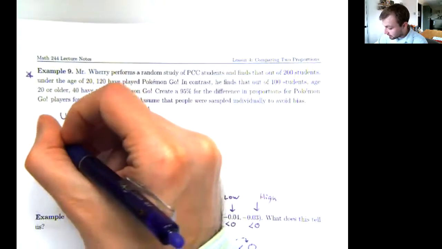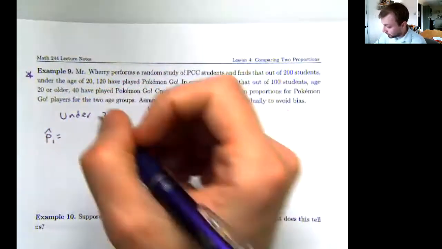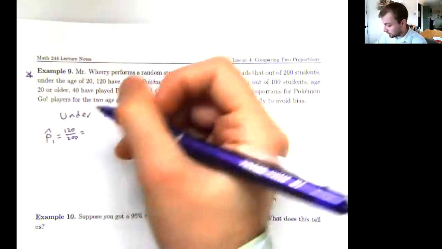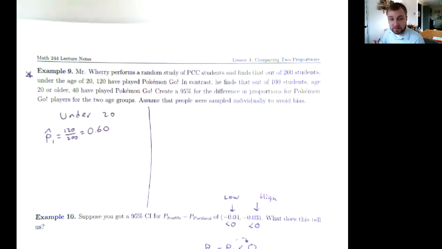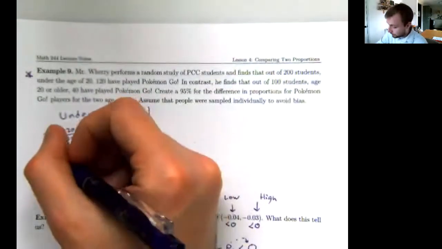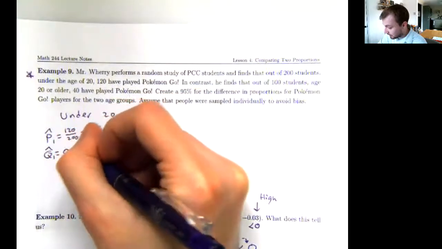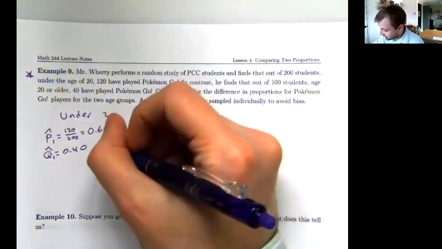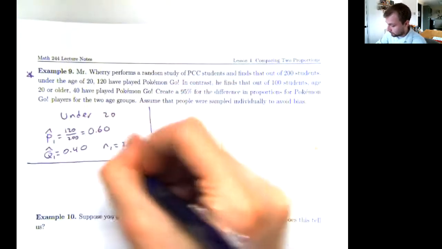So it looks like the success rate for this first group was 120 out of 200. 120 out of 200 is 60% of this group has played Pokemon Go. So for failure rate, 40% have not played Pokemon Go. And this is out of 200 players.